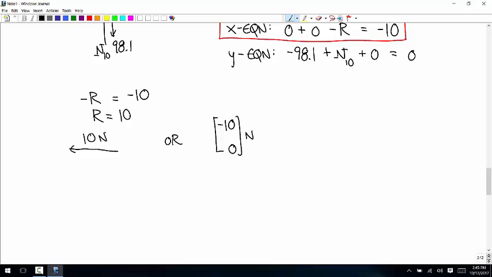And all that changes is the direction depending on which body you're looking at. Any questions about that?